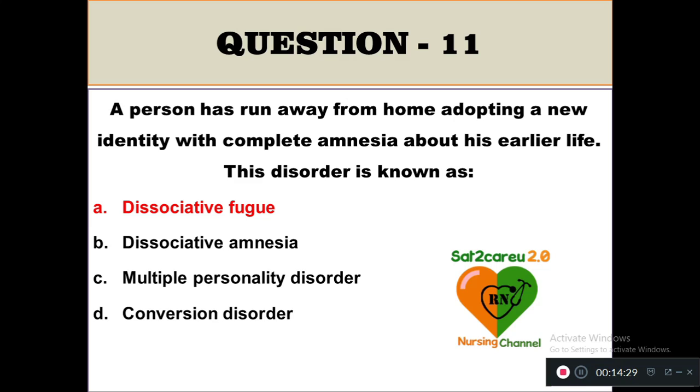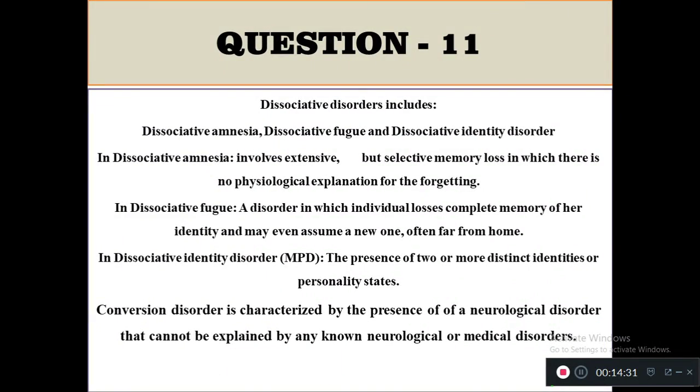Dissociative fugue. The rationale: dissociative disorder includes three types: dissociative amnesia, dissociative fugue, and dissociative identity disorder. In dissociative amnesia, it involves extensive but selective memory loss in which there is no physiological explanation for the forgetting. In dissociative fugue, an individual loses complete memory of her identity and may even assume a new one, often far from home.